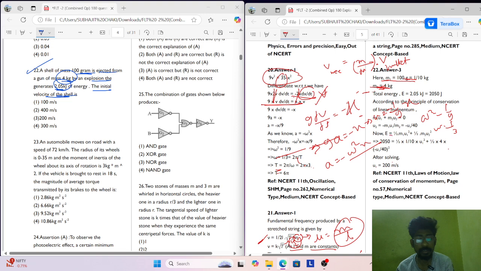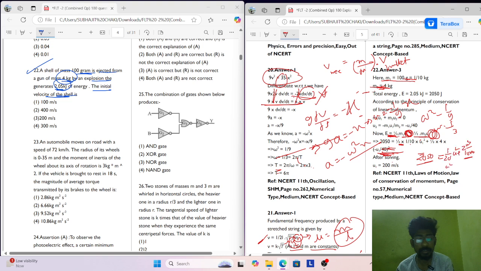Okay, now put the energy conservation formula here. E equals half of m1 u1 square plus m2 u2 square, where u1 is the velocity of bullet and u2 is the velocity of gun. Now put the values here. Half of 1 by 10, u1 we don't know, u2 is u1 by 40. Now 2050 is 2.05 into 1000, kilojoule. This is 1 by 20 u square, plus 1 by 2 u square by 1600.